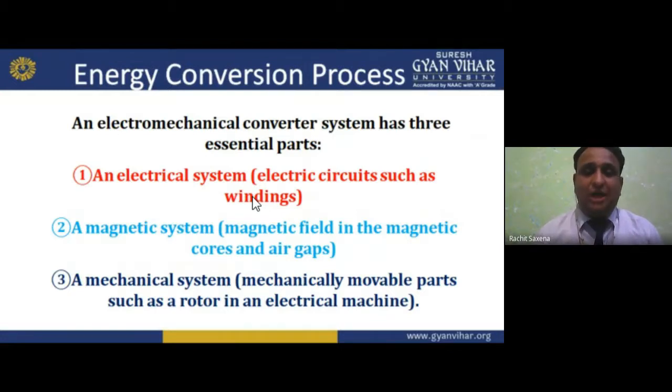The core is basically a path for flux to move, and the air gap is there because we want to rotate something; otherwise friction takes place. Then the third is a mechanical system, with mechanically movable parts such as the rotor in an electrical machine.